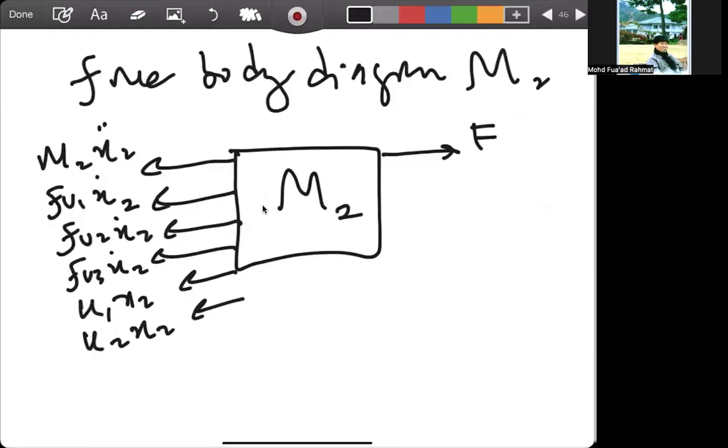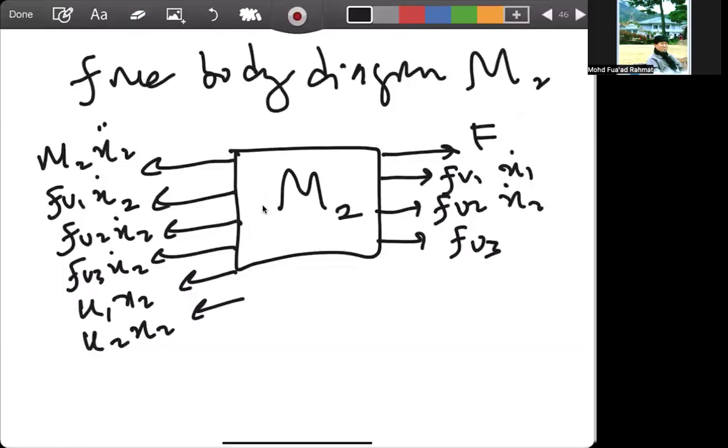On the right hand side will be FV1, FV2, FV3, x1 dot, x2 dot, x3 dot, plus K2 x1. So you have 1, 2, 3, 6 on the left hand side and 5 on the right hand side. Is it 5? 1, 2, 3, 4, yes, 5.